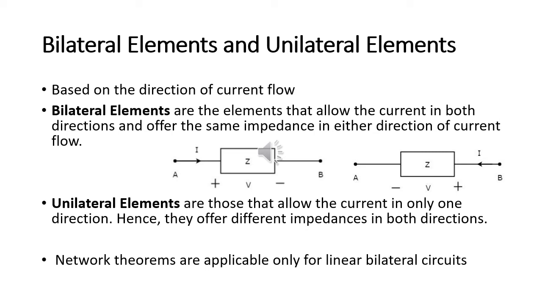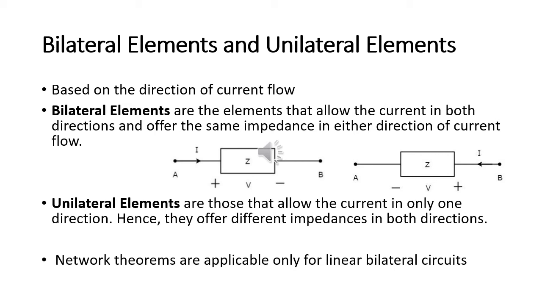Another important classification of elements is bilateral and unilateral. This is based on the direction of current flow. A bilateral element, as the name suggests, allows current in both directions and offers the same impedance.